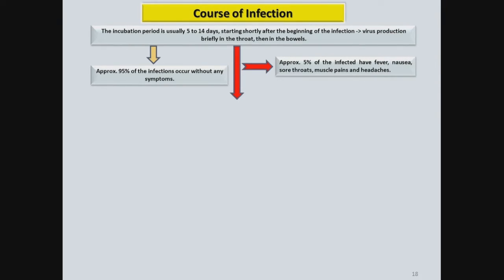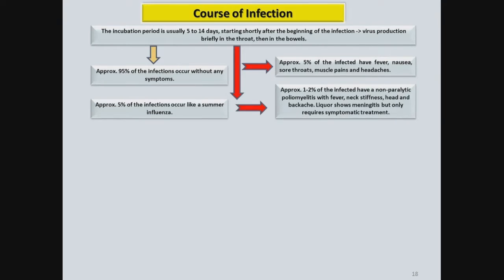Approximately 5% of the infected have fever, nausea, sore throats, muscle pains and headaches. Approximately 5% of the infections occur like a summer influenza. Approximately 1 to 2% of the infected have a non-paralytic poliomyelitis, with fever, neck stiffness, head and backache.